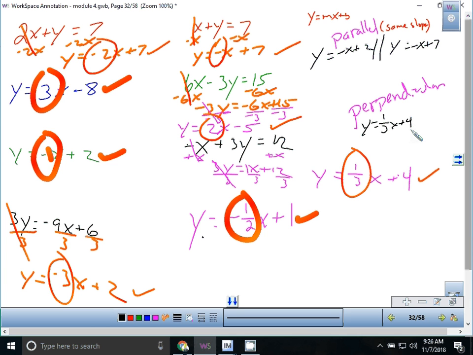What's the symbol for perpendicular? The upside down T. It's perpendicular to y equals -3x plus 2. Again, if you take 1/3, if you flip it and change the sign, you get -3. And if you take -3, flip it and change the sign, you get 1/3.